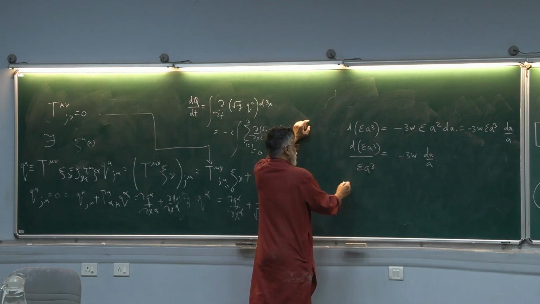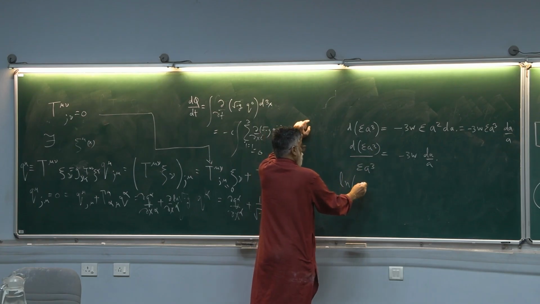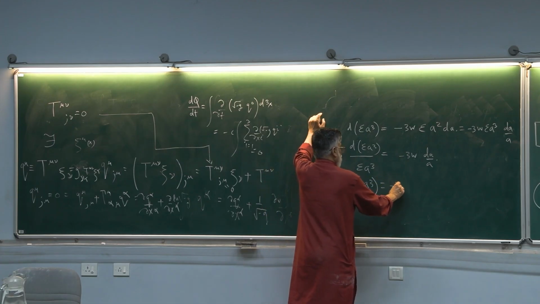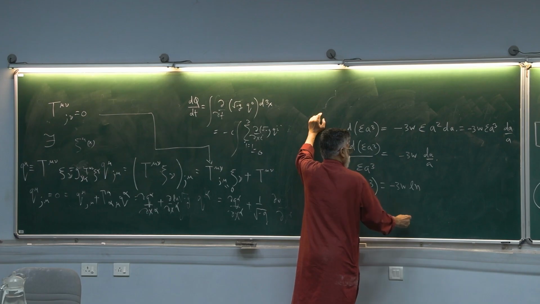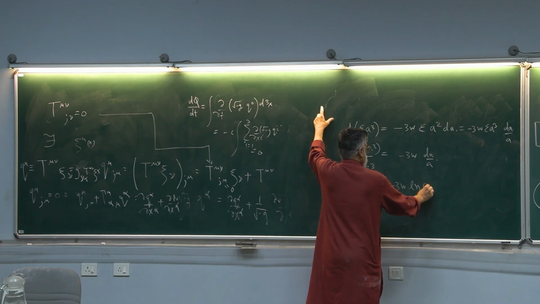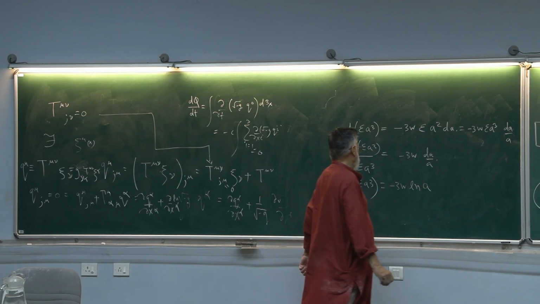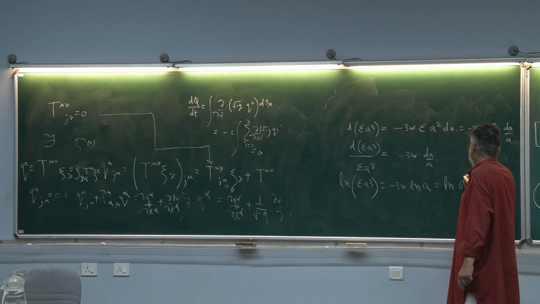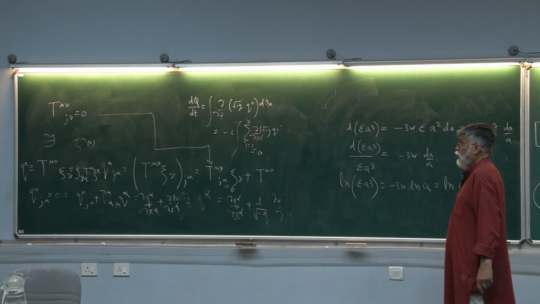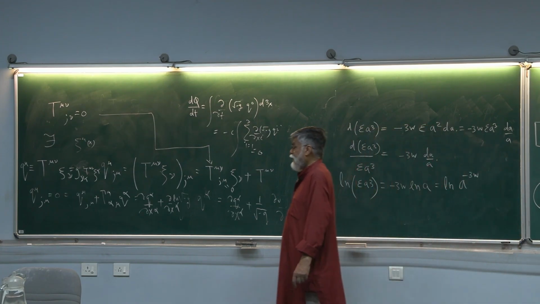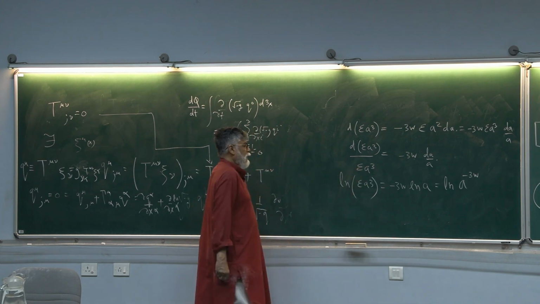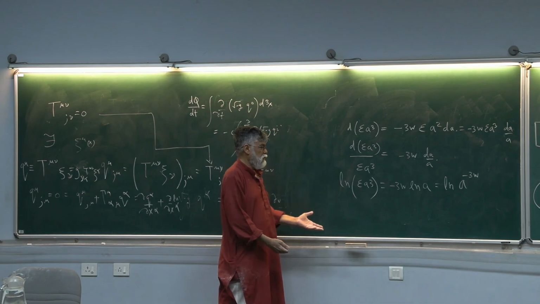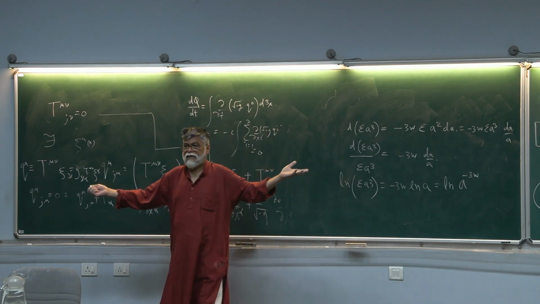When I integrate both sides, I get log of (energy density A cube) is equal to minus 3W log of A, because log of x to the power n is n times log of x. That's the thing I have used.